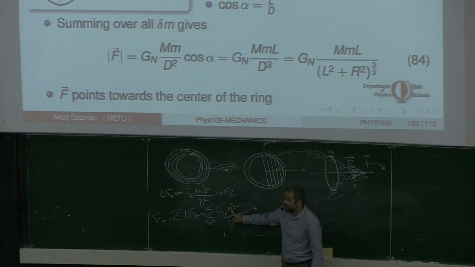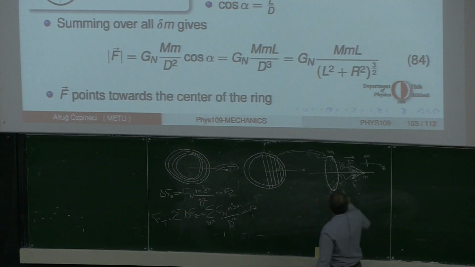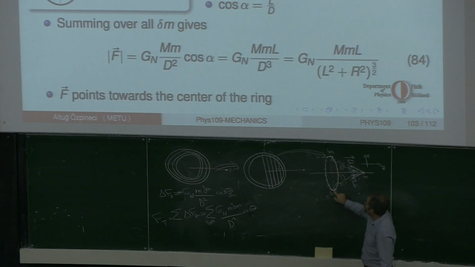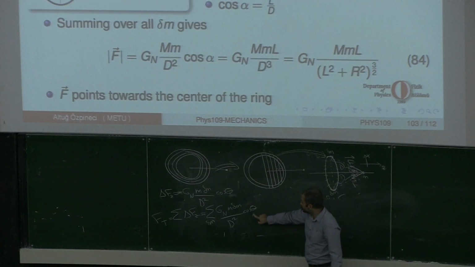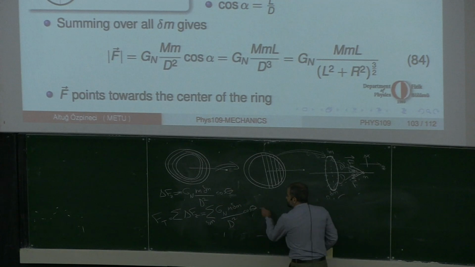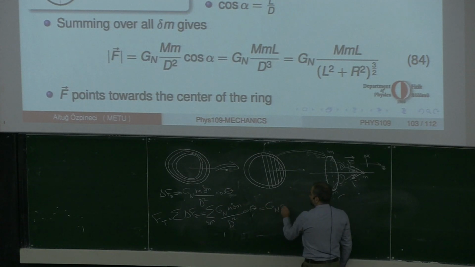M is a constant. It doesn't change from delta m to delta m. Cosine theta is itself a constant, because whether I take this point or this point or this point, this angle that this vertical line makes with the line connecting my mass m to the point on the ring is always theta, it is constant. So I can take all of them out of my summation sign.